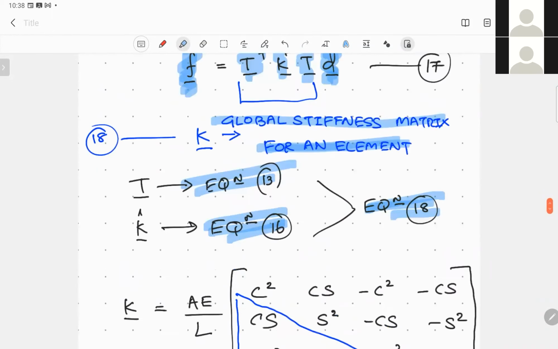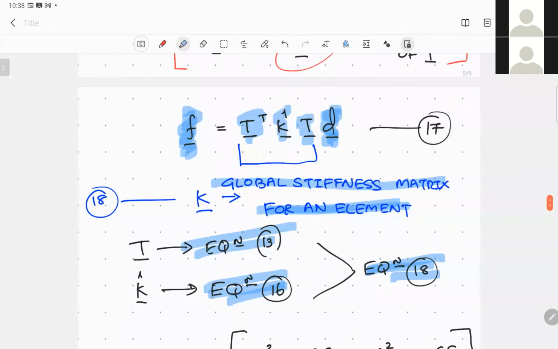That is the total global stiffness matrix for an element, which is given by equation 18 here.